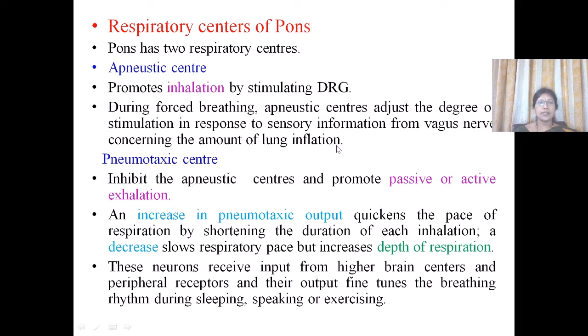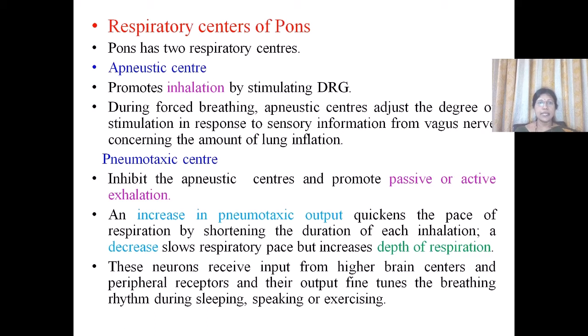So it functions during the forced breathing. During forced breathing, apneustic centers adjust the degree of stimulation in response to sensory information from vagus nerve concerning the amount of lung inflation. And next is the pneumotaxic center.